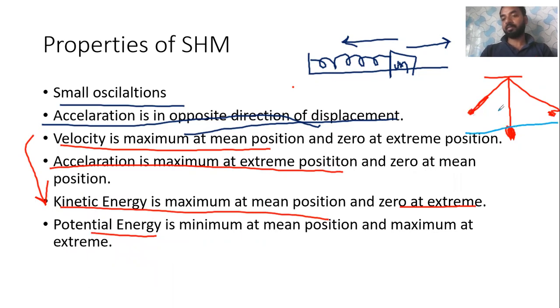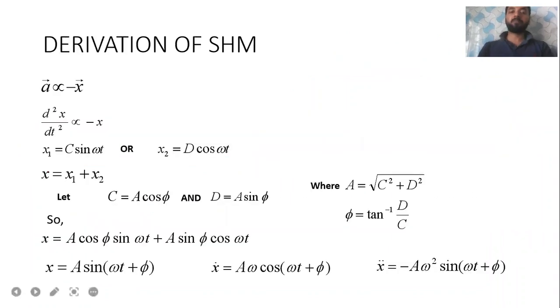And this is extreme position. So you can see that at mean position, the object is at a lower level, and at extreme position, the object is at a bit higher level. So therefore, in mean position, the potential energy is minimum, whereas at extreme position, potential energy is maximum. Simple.